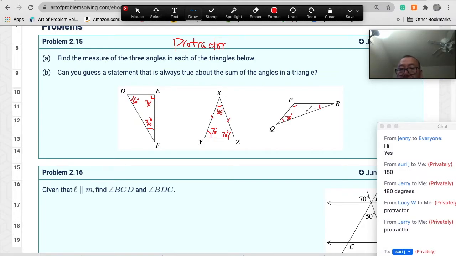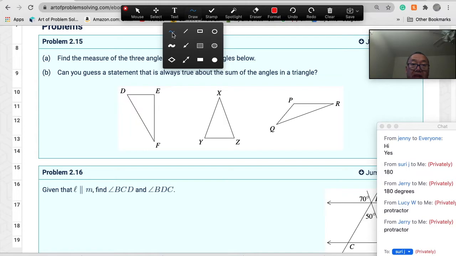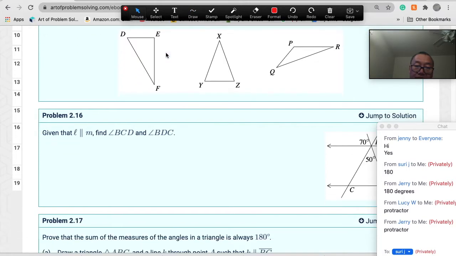Now let's measure this one. This is about 130. So this one is about 20 degrees. You can measure that by yourself, but later you will find the sum of the three angles inside a triangle always gives you 180 degrees.